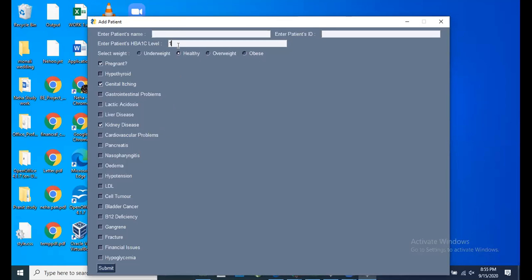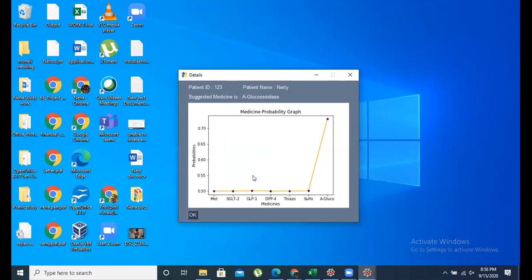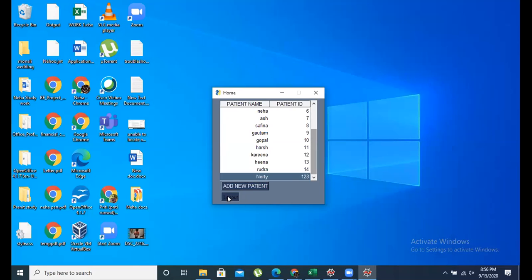And the HbA1c level is the level of the hemoglobin which the doctor requires, and which we will include in our prediction. From here, the patient is added in the database, and we can again see the details of that patient by clicking on their name, and we can log out.